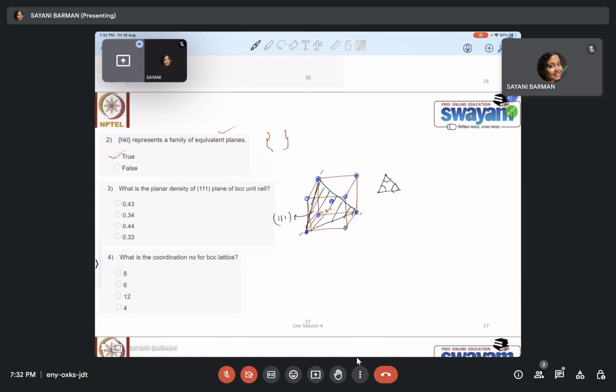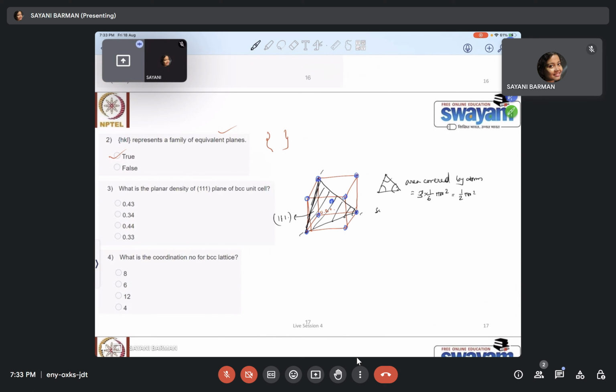Now, you know, these are face diagonals. So the area covered by atoms: these are, you know, already 1/6. So 3 into 1/6 pi r square, it will be 1 by 2 pi r square.